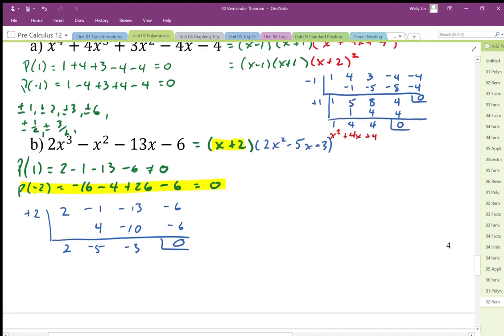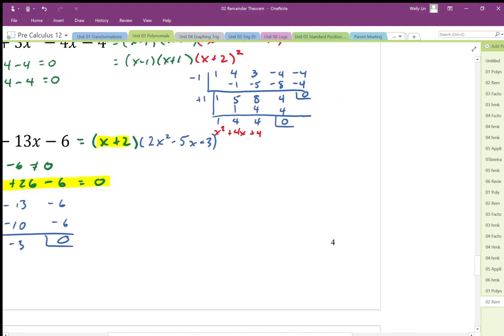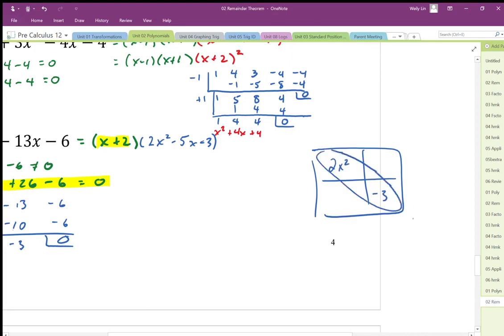So then I can break down that polynomial even further. I can factor that. That's a quadratic. Again, this is why I mentioned before that we need to know how to factor our quadratics. I'm just going to use my little box here. So 2x squared minus 3. I know that diagonal product helps me get the other diagonal. So I'm going to split up negative 5 and 2. This has to multiply to negative 6 and add to negative 5.